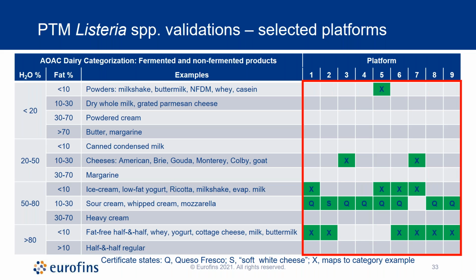That's kind of inevitable because these studies take a long time, they cost a lot of money, and manufacturers have a need to get methods validated and into the marketplace. If you're concerned about a particular matrix and it not showing up on the certification, it's always possible to go back to the manufacturer and ask the question, do you have validation data for this category or subcategory of matrices? And often the answer is yes, because they've done it once the method has been in the marketplace. Nevertheless, the point is it's always a good thing to check.